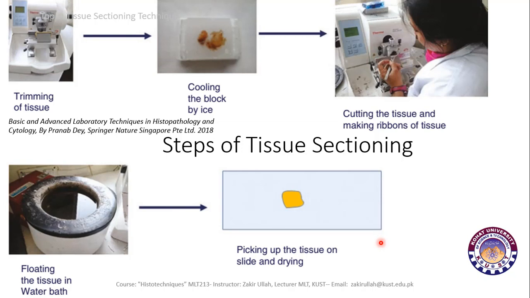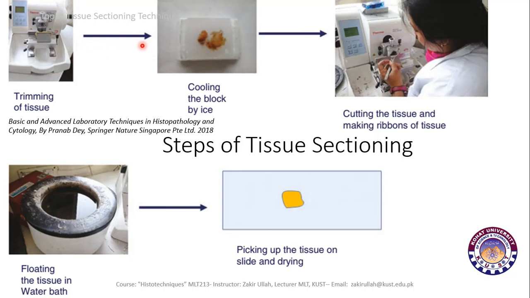These are the steps of the tissue sectioning. First, trimming of the tissue, in which the extra wax is removed so that the actual tissue becomes visible and it is prepared for thin ribbon sections.